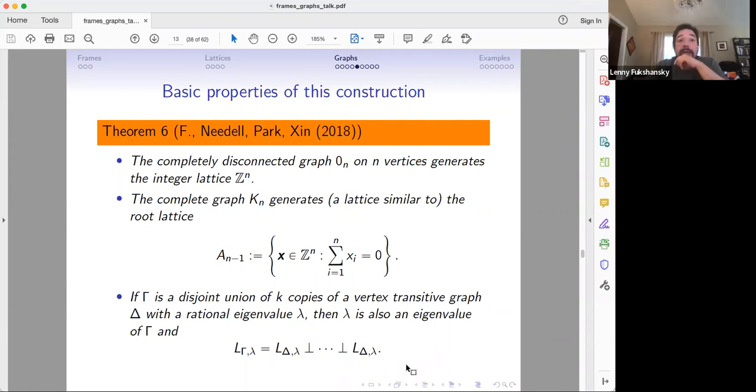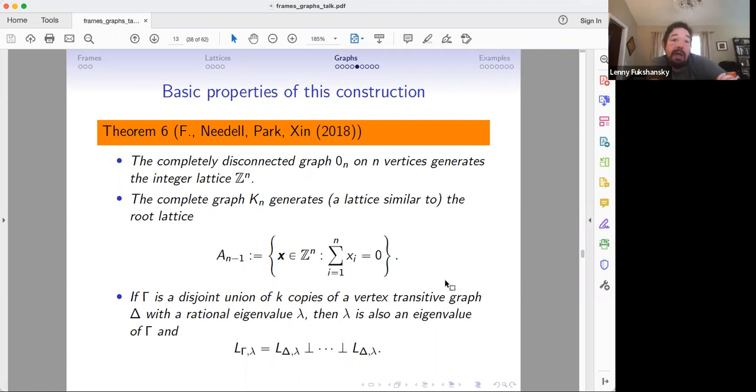Okay, so the complete graph, K sub n, generates the root lattice A sub n minus 1. So this is the sublattice of Z^n which lies in the hyperplane orthogonal to the vector 1, 1, 1, 1. Okay, so a very famous family of lattices, the root lattices.